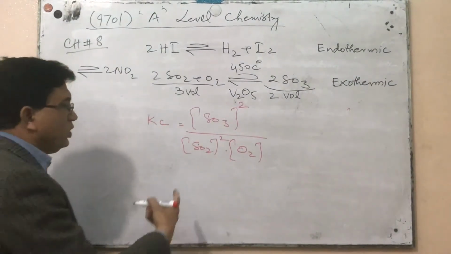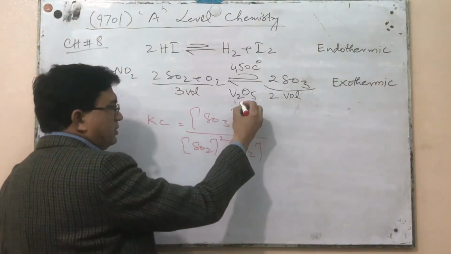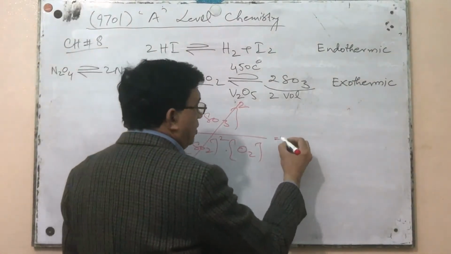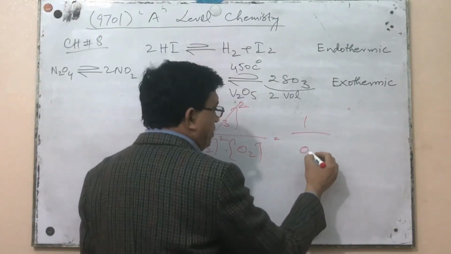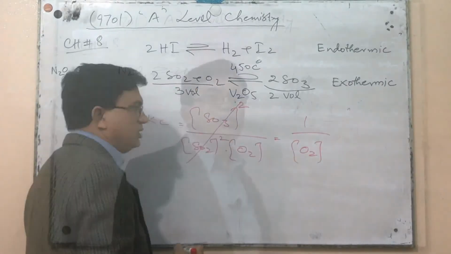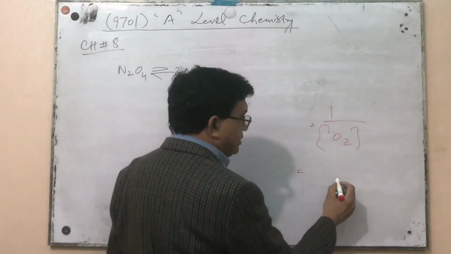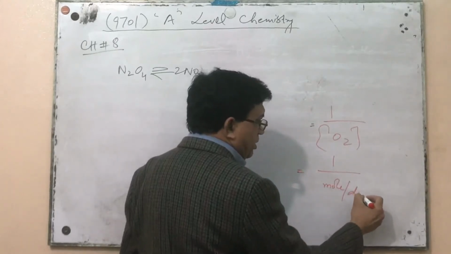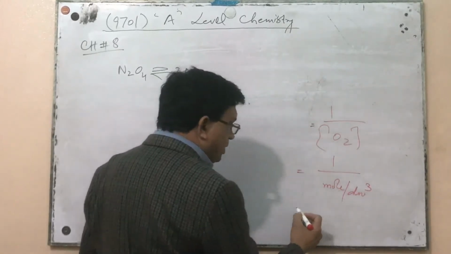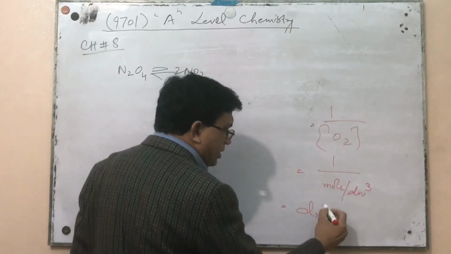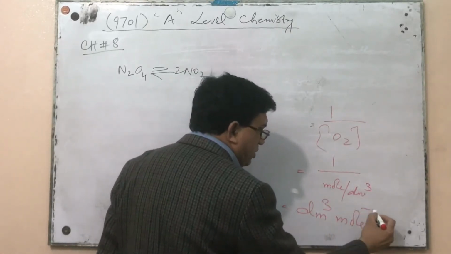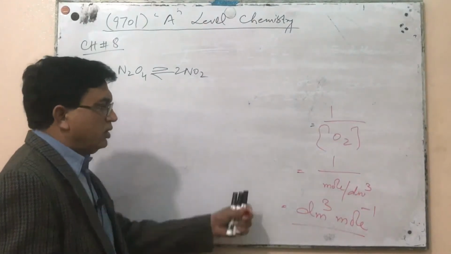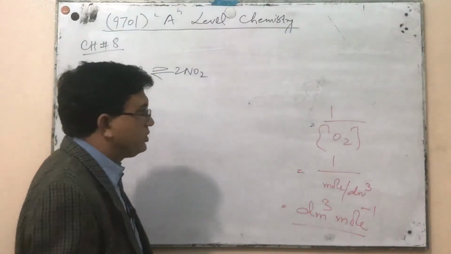It means that the power 2 units will cancel out and we will get only the O2 molar concentration. This can be written as 1 over mole per dm cube, which can be written quite easily as dm cube per mole. This will be the unit for the equilibrium constant for the oxidation of sulfur dioxide to sulfur trioxide.